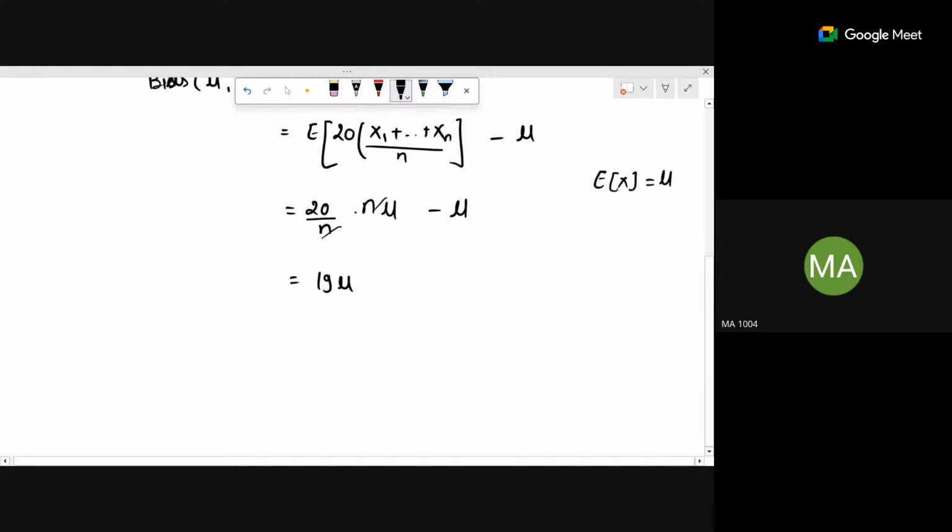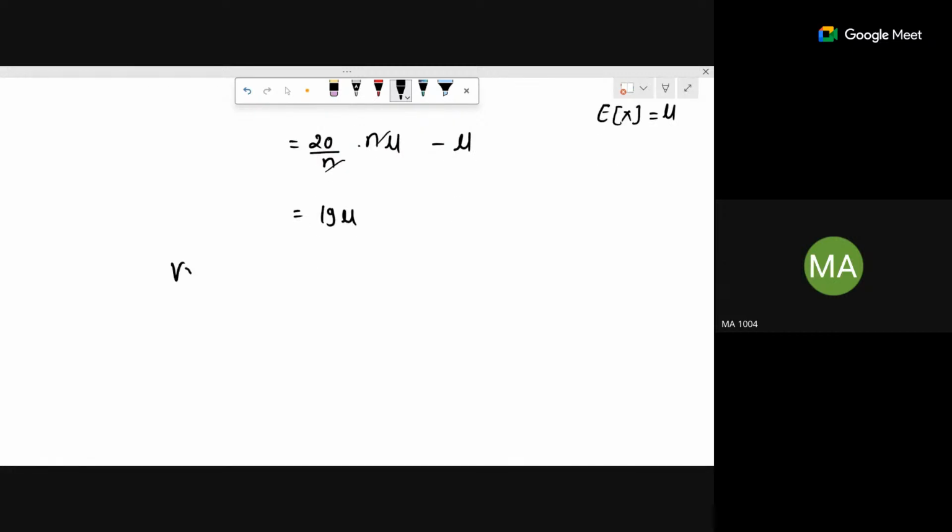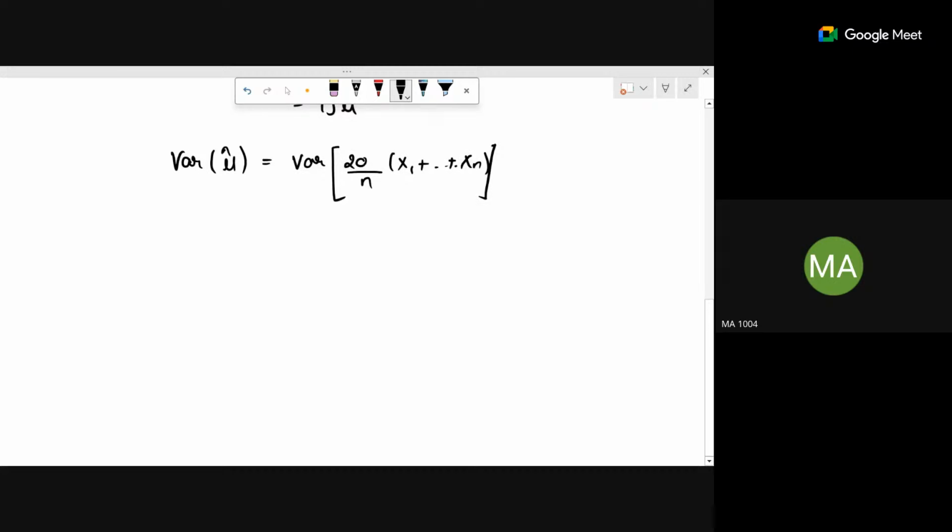Fine. And what will be the variance of mu hat? That is nothing but variance of 20 by n times x1 to xn. Again, we know that these xi's are independent and identically distributed, so I will just bring out this constant as a square, and the summation of variance of xi's.